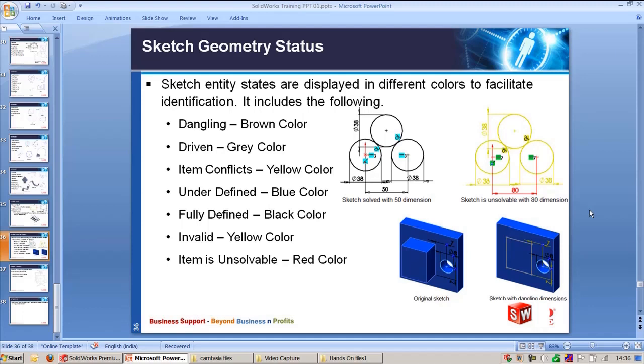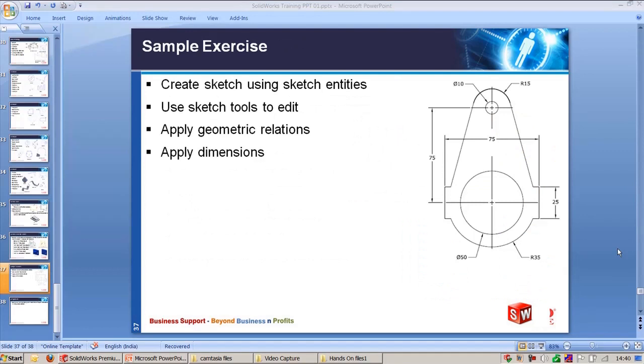To start with, I would like to give you a small sample sketch that can be created in SolidWorks. As of now, we have seen how we can use different sketch tools and sketch entities to create a sketch. And now we are going to use all those commands, dimensions, and relations to do a sample exercise as shown in this slide.